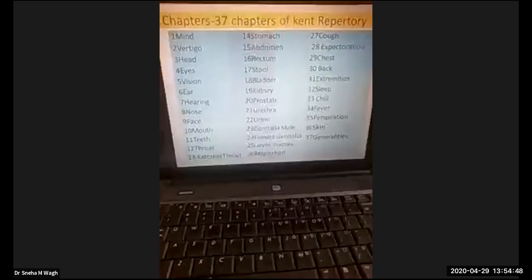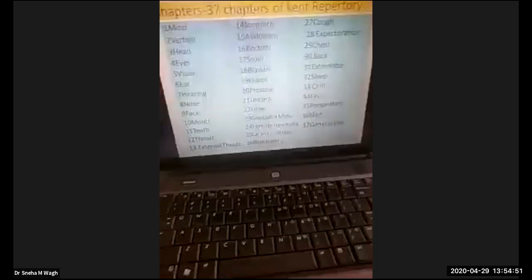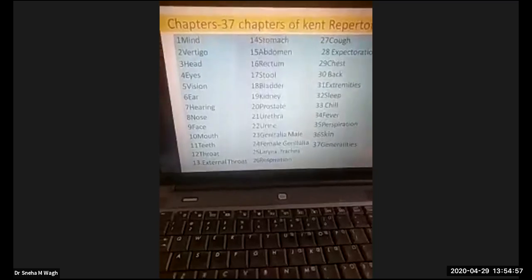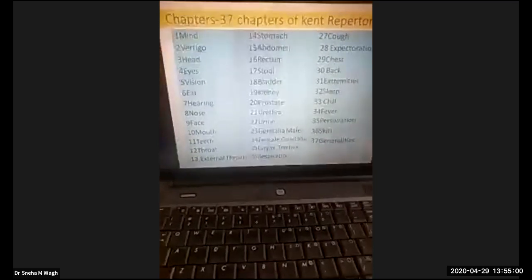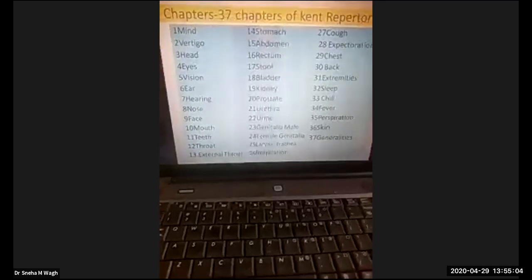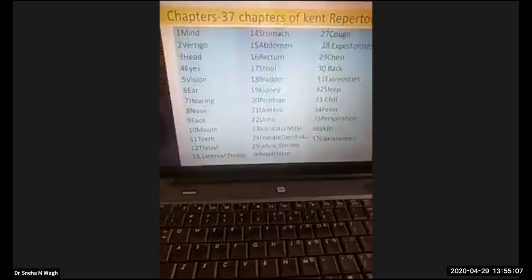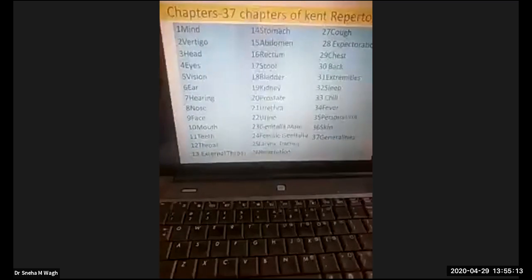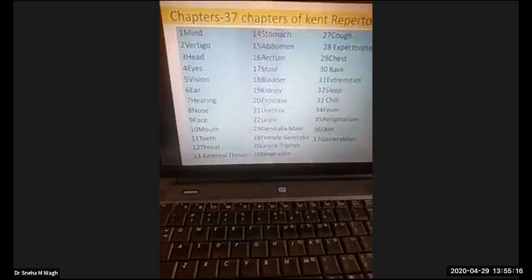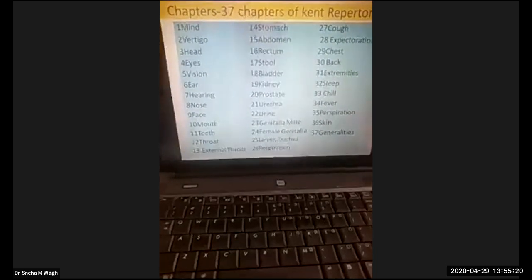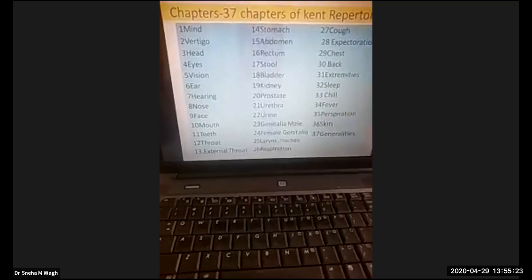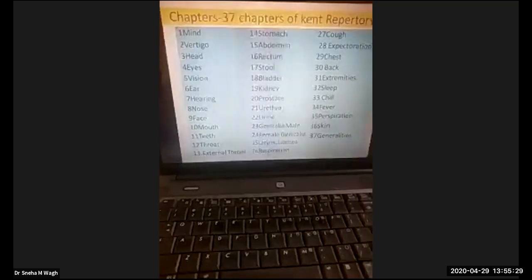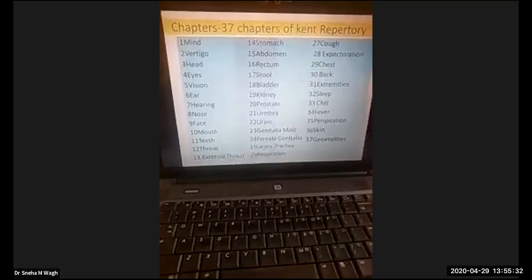First chapter is Mind, followed by the second chapter, Vertigo, followed by Head, Eyes, Vision, Ear, Hearing, Nose, Face, Mouth, Teeth, Throat, External Throat, Stomach, Abdomen, Rectum, Stool, Bladder, Kidney, Prostate, Urethra, Urine, Male Genitalia, Female Genitalia, Larynx, Trachea, Respiration, Cough, Expectoration, Chest, Back, Extremities, Sleep, Chill, Fever, Perspiration, Skin, and Generalities.